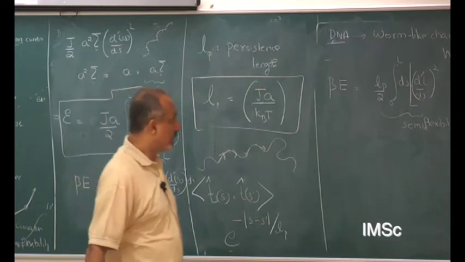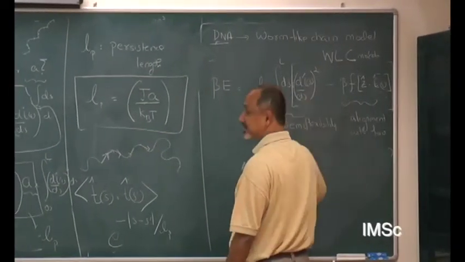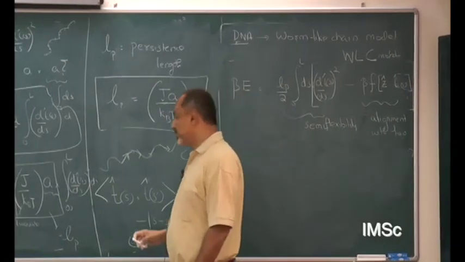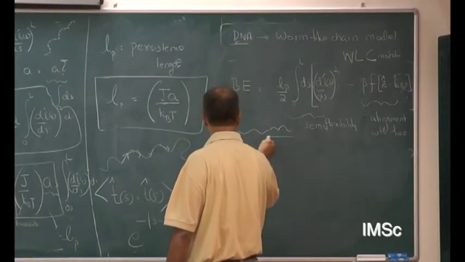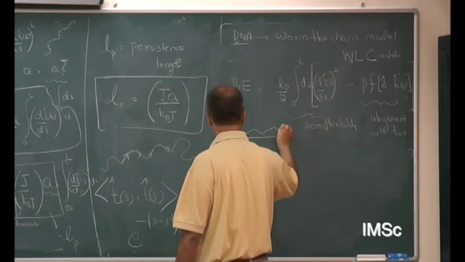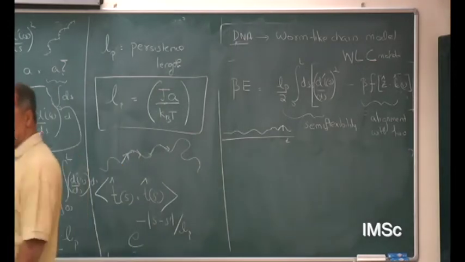Okay, so now we're going to try and do this calculation, but we're going to make one very important simplification. We're going to assume that the force is large enough that the polymer is more or less straight in this direction. There are only small fluctuations about that.